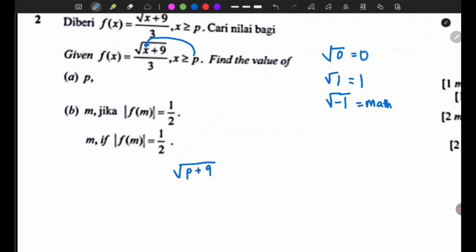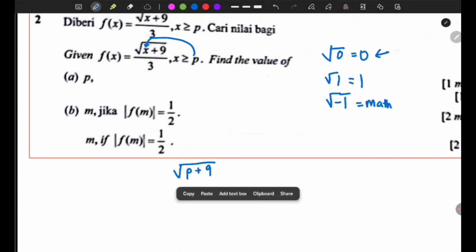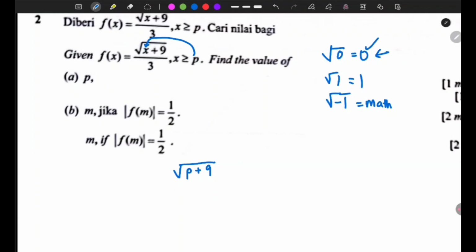So you see, when you put a neutral number, which means not a positive, not a negative, you will get 0. When you put a positive number, maybe like square root 2, square root 1, square root 3, square root 4, you will still get the answer, okay?